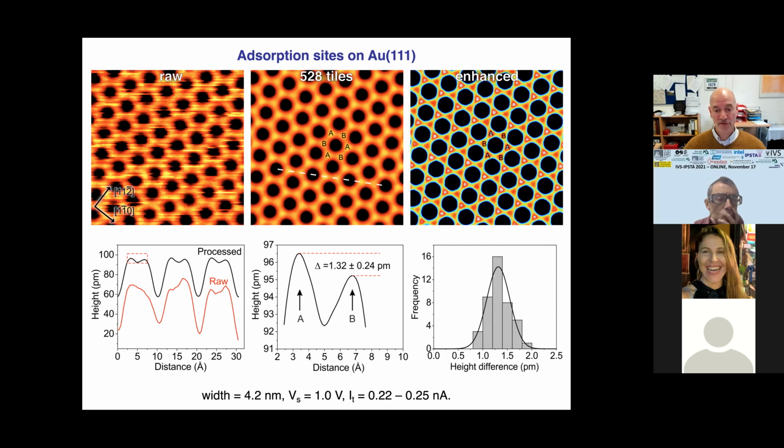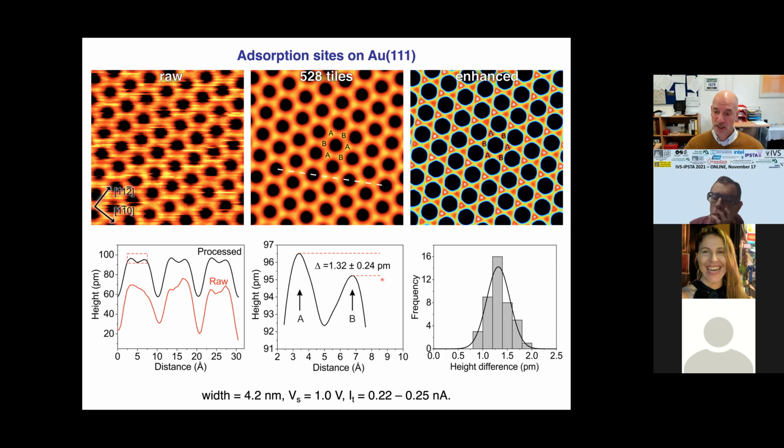And if we vastly enhance the image contrast, then you can see that half of these sites are slightly brighter than the other half. In this image you can't quite see it, but if you really enhance the contrast and use false color imaging, you can see that these three sites, what we call A sites, are brighter than these B sites, by just over a picometer.